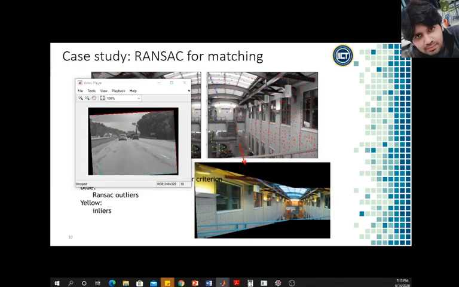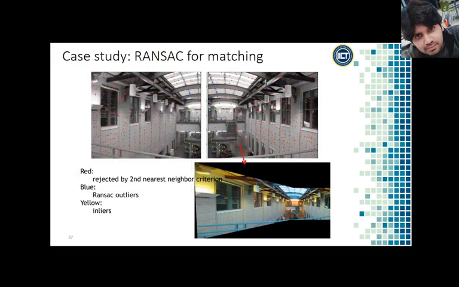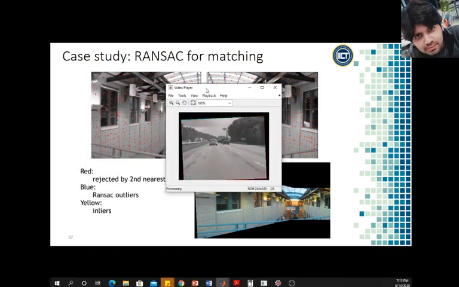Let me run it for more. So you can see this video is going on, and it is actually aligning subsequent frames with respect to the RANSAC.